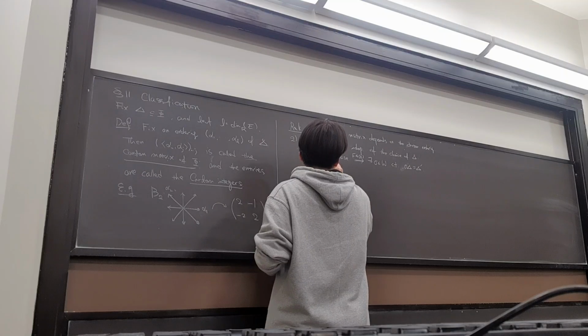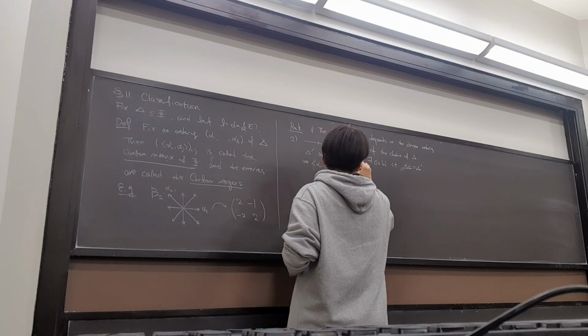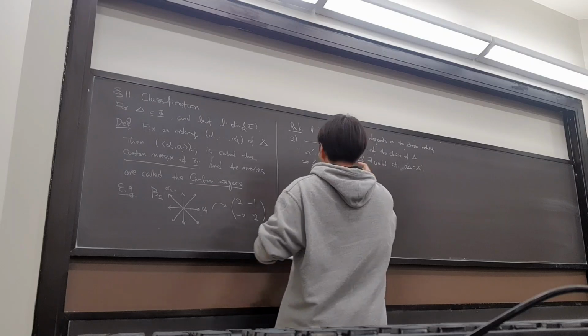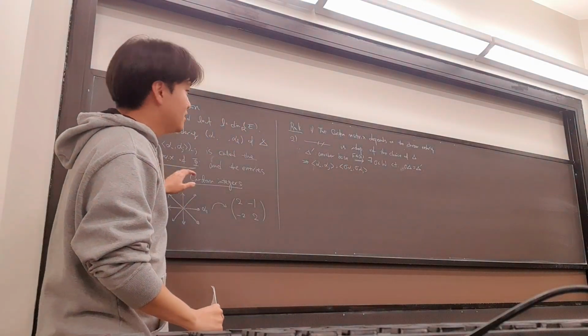So <alpha i, alpha j> is equal to <sigma alpha i, sigma alpha j>. So they have the same Cartan integers, so they have the same Cartan matrix.